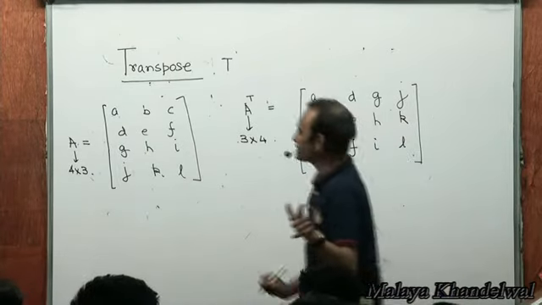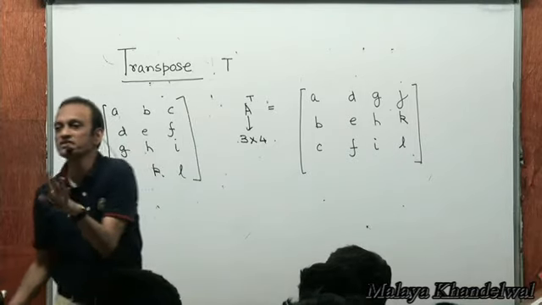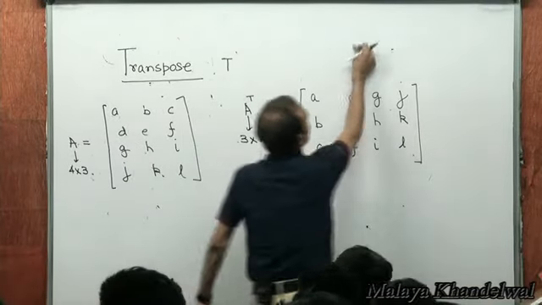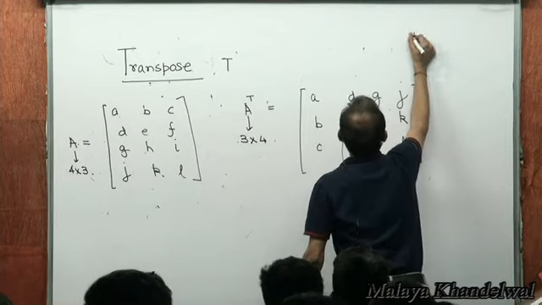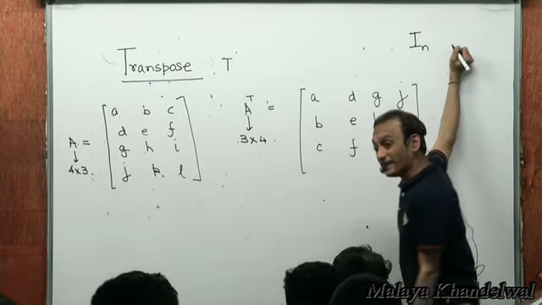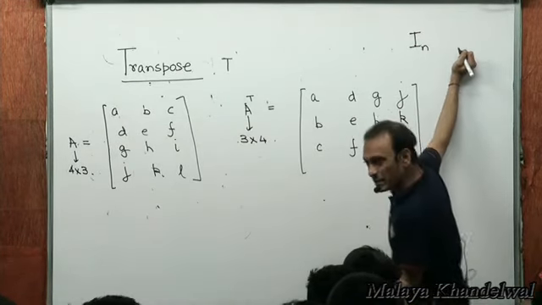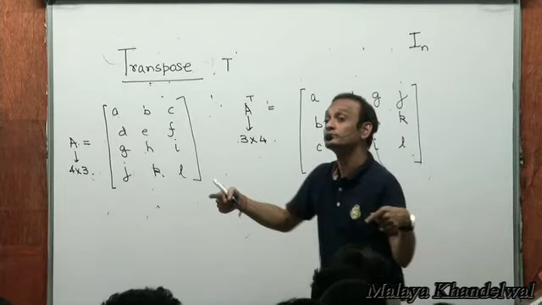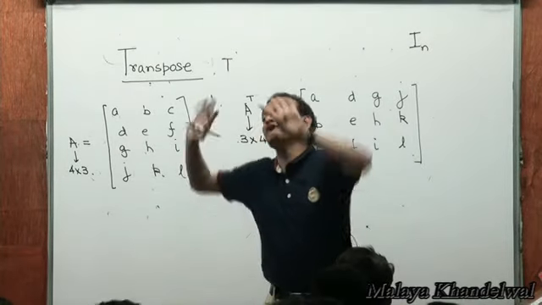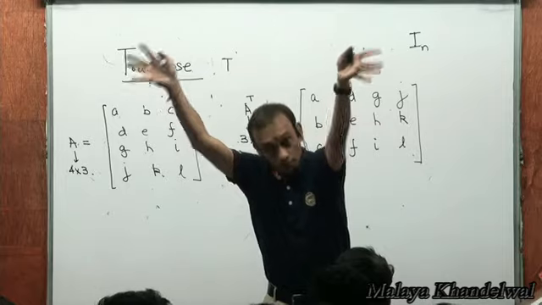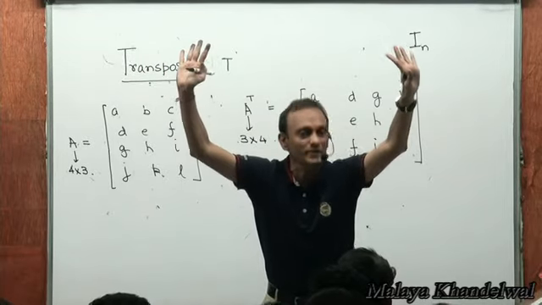One more quick thing on multiplication of square matrices. Just make a note of it. If In is a square matrix of order n, if In is an identity matrix, it means diagonal elements 1, everything else 0. That's an identity matrix or a unit matrix, right?